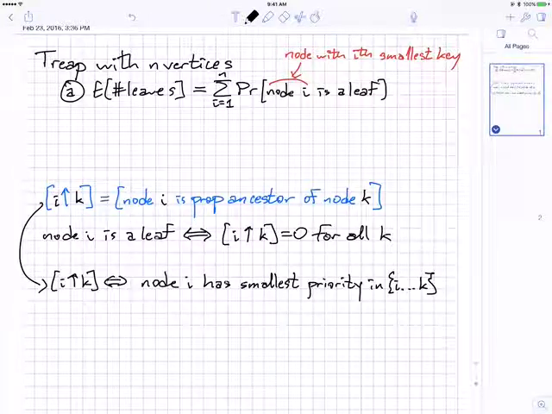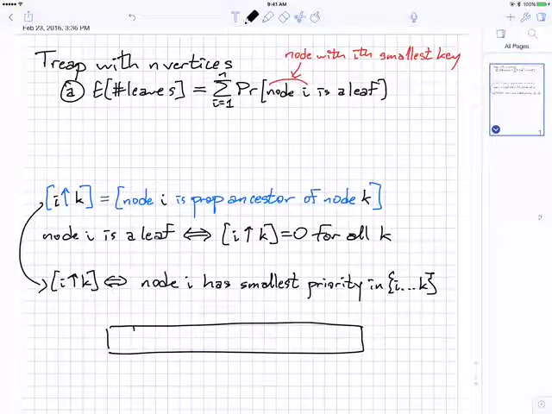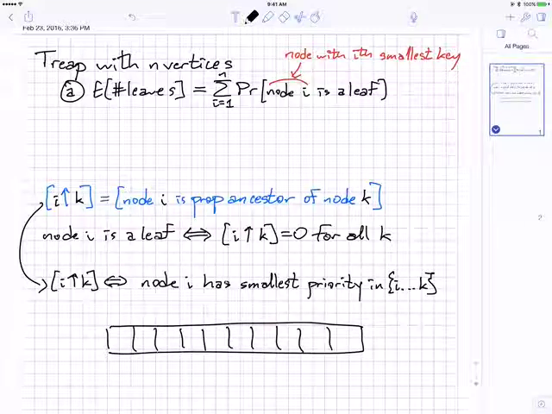Okay. So the statement that I is never a proper ancestor means that if I write down the priorities, sorted left to right by the search keys, the box I'm drawing here on the left is the priority of node 1, and the box I'm drawing over here on the right is the priority of node n.